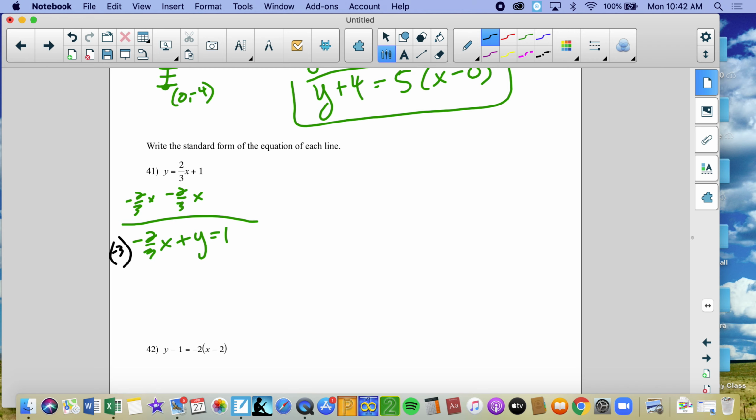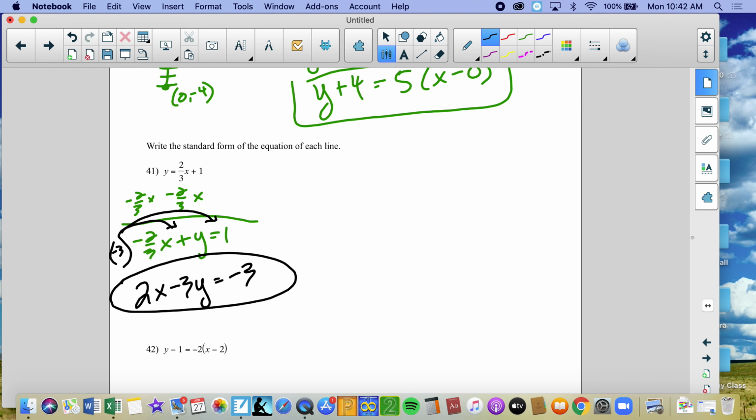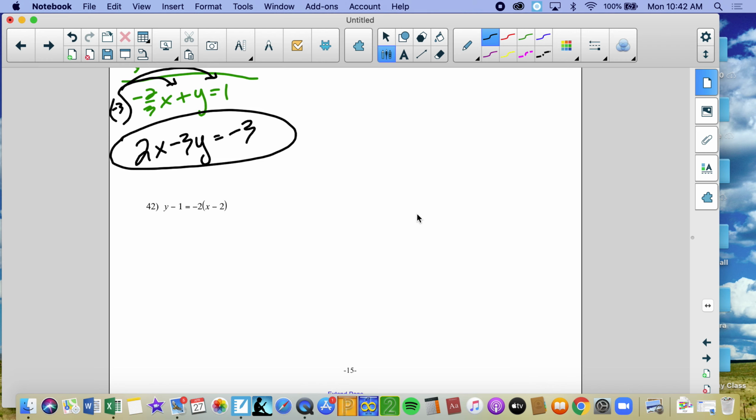So that leaves me with 2x. I'm going to distribute it to here, -3y, and don't forget the c value. So only a has to be positive. B and C can be negative. They just have to be integers.